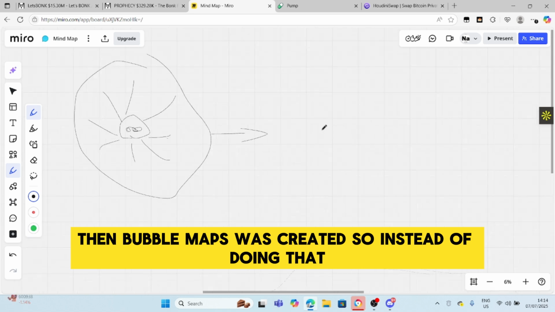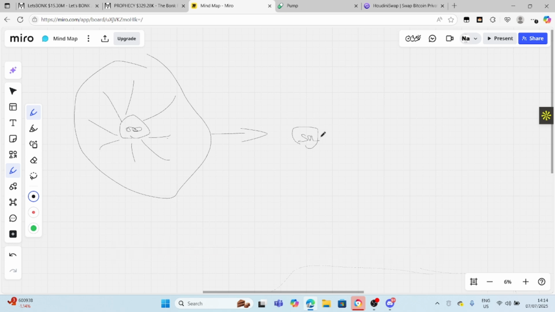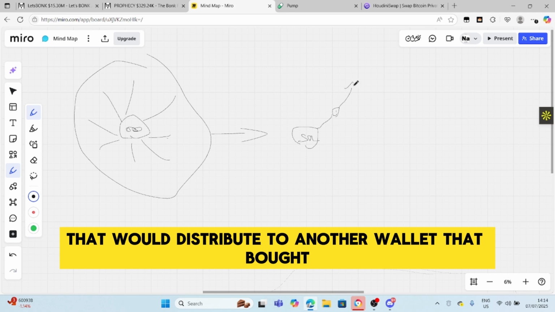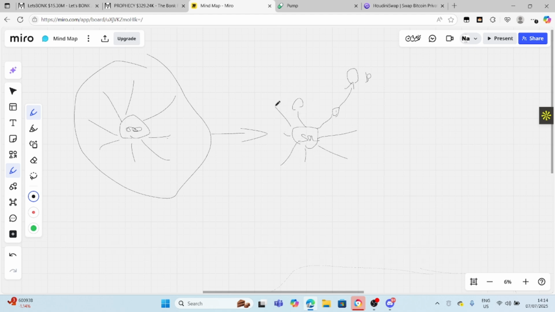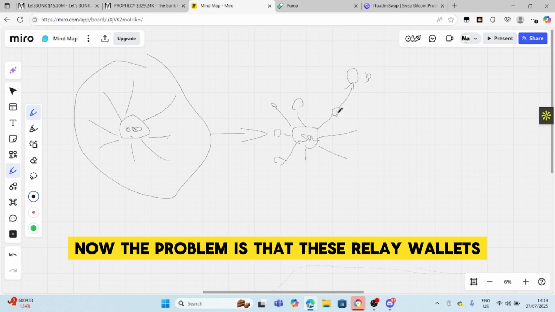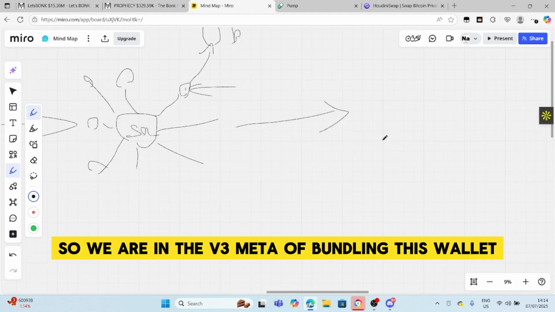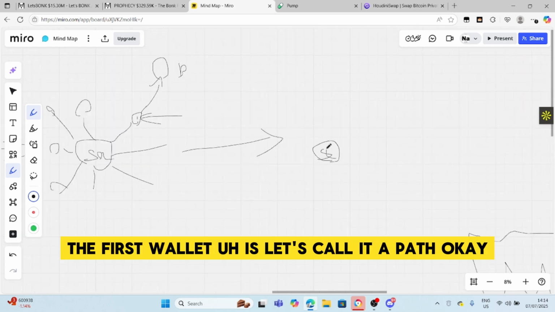So instead of doing that, a bundler would first hold Solana and then distribute to another wallet that would distribute to another wallet that bought, and this would happen many times. Now the problem is that these relay wallets are now detected by bubble maps, so we are in the V3 meta of bundling.